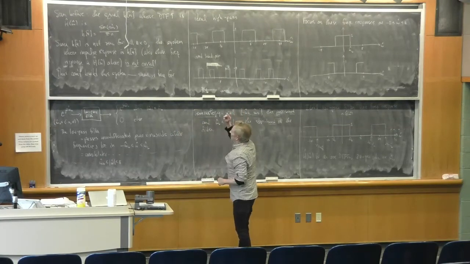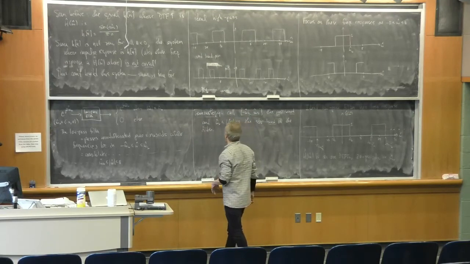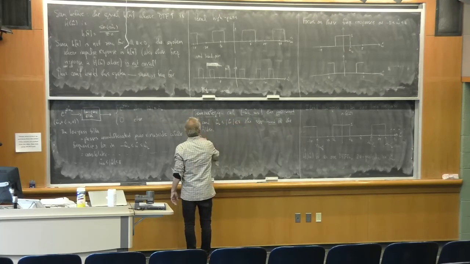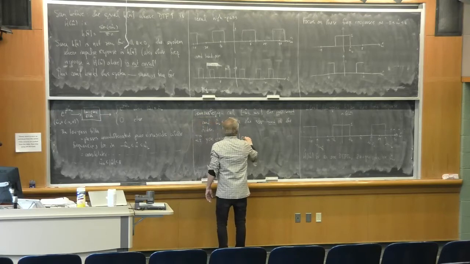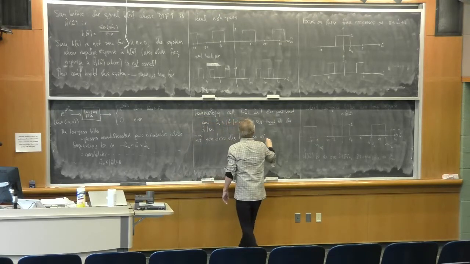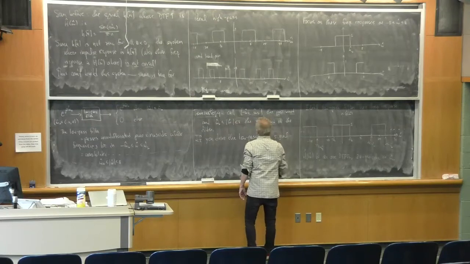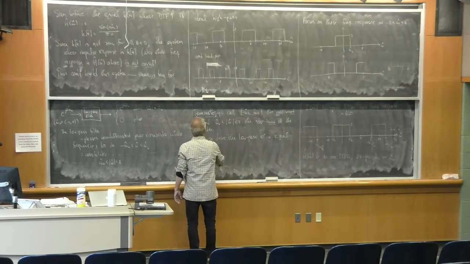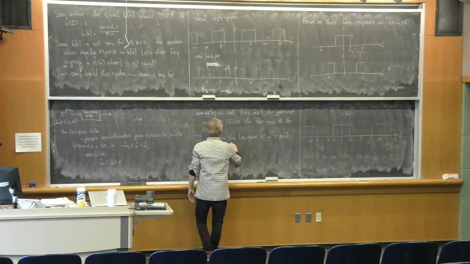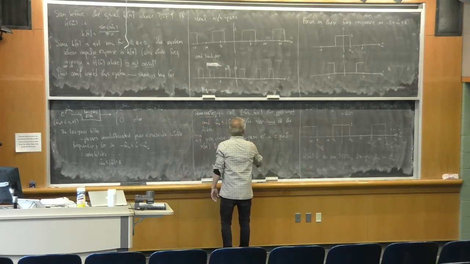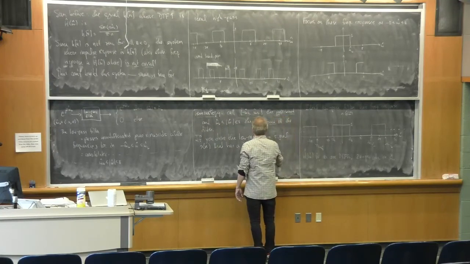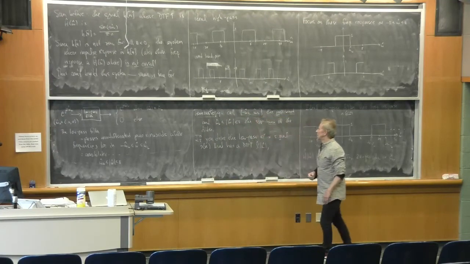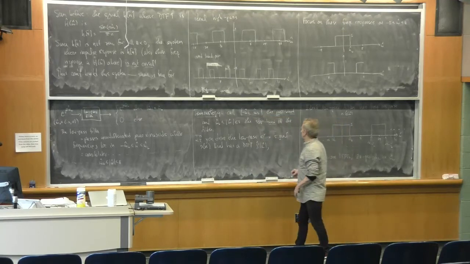What if I apply another kind of input to this system, not just a pure sinusoid, but some x of n that has a DTFT x hat of omega? So if you drive the ideal low pass with a signal x of n that has a DTFT, so this is using the other half of the don't conflate thing that was on this board before I erased it, x hat of omega hat, then you get an output signal.